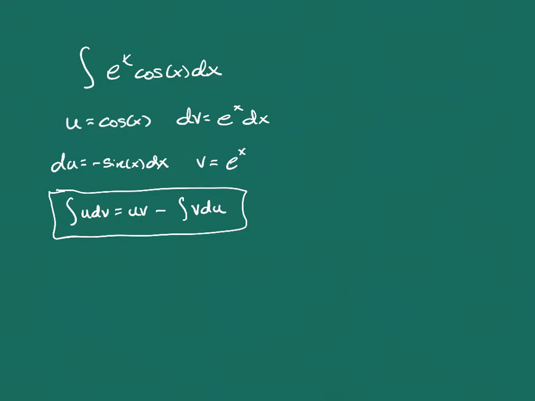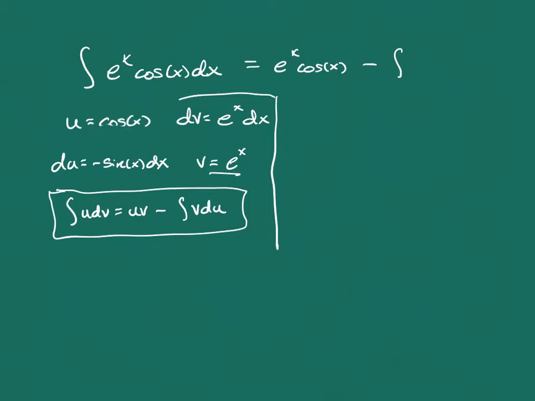So just applying this formula, what happens? Our u times v gives us e to the x cosine of x, minus the integral of v du.